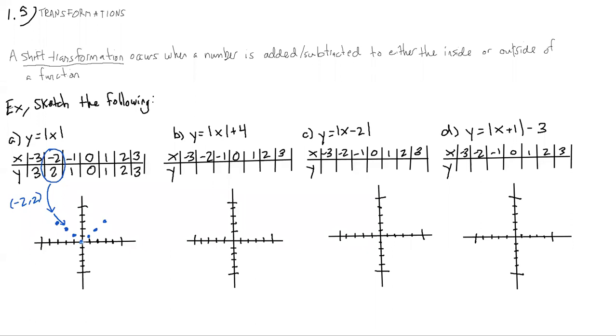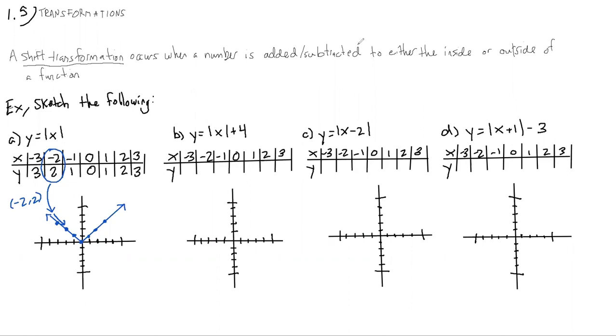And so we get this sort of V-shaped curve. And it'll look like this. And it should just sort of go like that V, basically forever in both directions. And so what we're going to do is now look at the remaining functions here and just see how it moves the graph around.